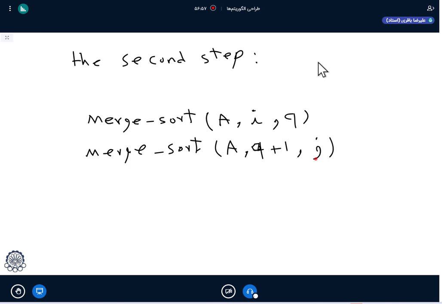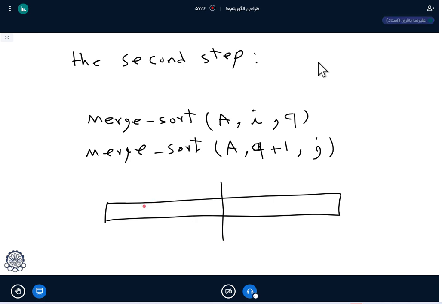So after the second step, the first part is sorted and the second part is also sorted. For example, we may have something like this.